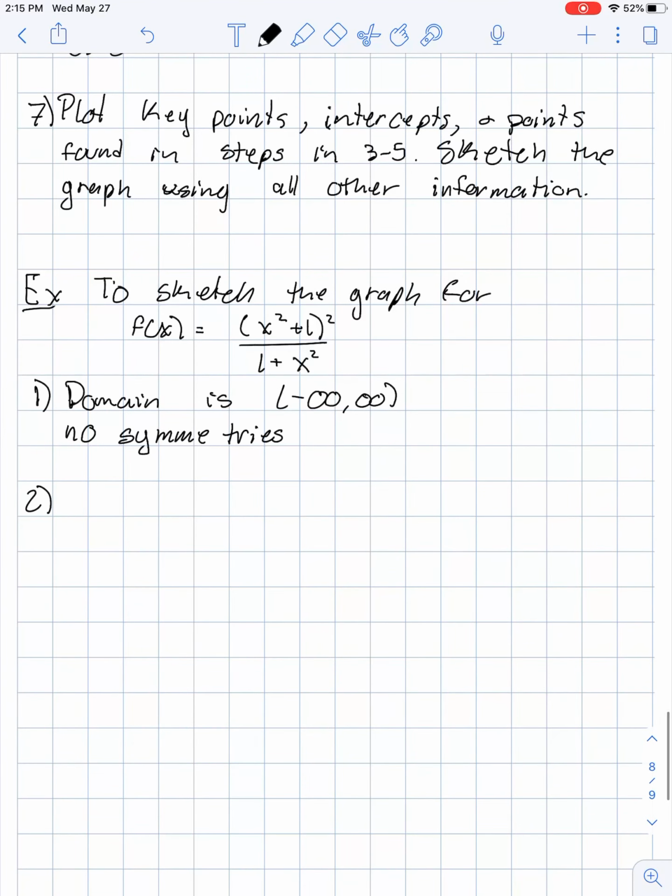Okay, cool. 2. Now we're going to find the first and second derivative. So f prime of x, it says quotient rule.